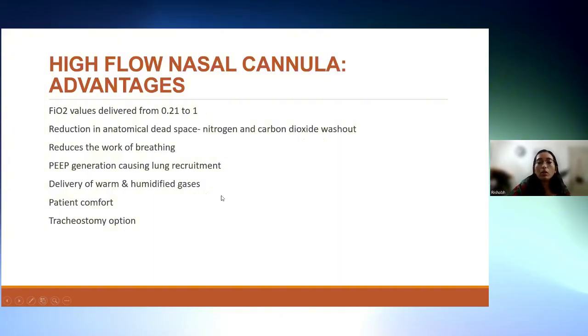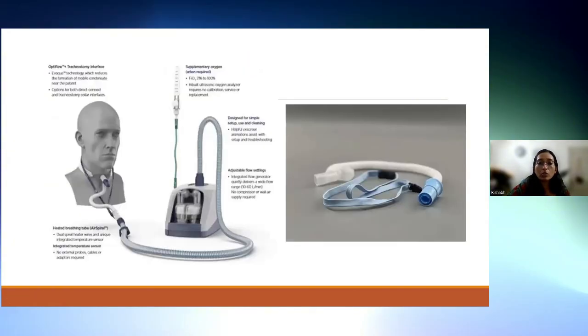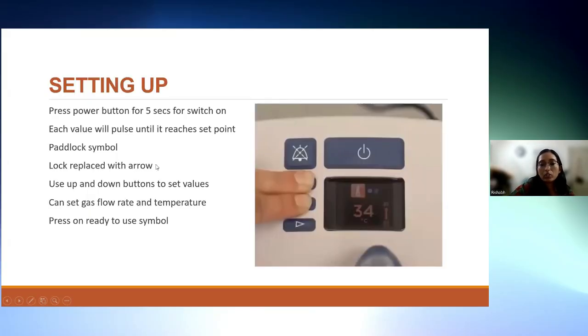And there's also provision to give it through a tracheostomy. It can be connected to a tracheostomy tube, and the same device can be used to deliver high flow oxygen.